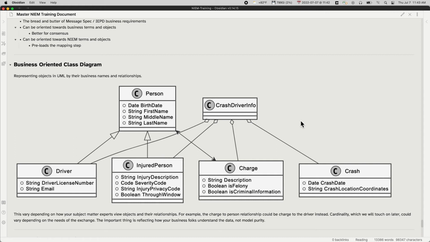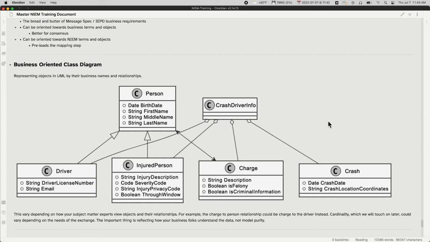So if these were things that make up crash driver info but don't make sense on their own as separate objects, they'd be filled in diamonds. But they're open diamonds. This is called an aggregation. It's saying crash driver info is an aggregation of those 4 things because those 4 things all exist on their own conceptually.